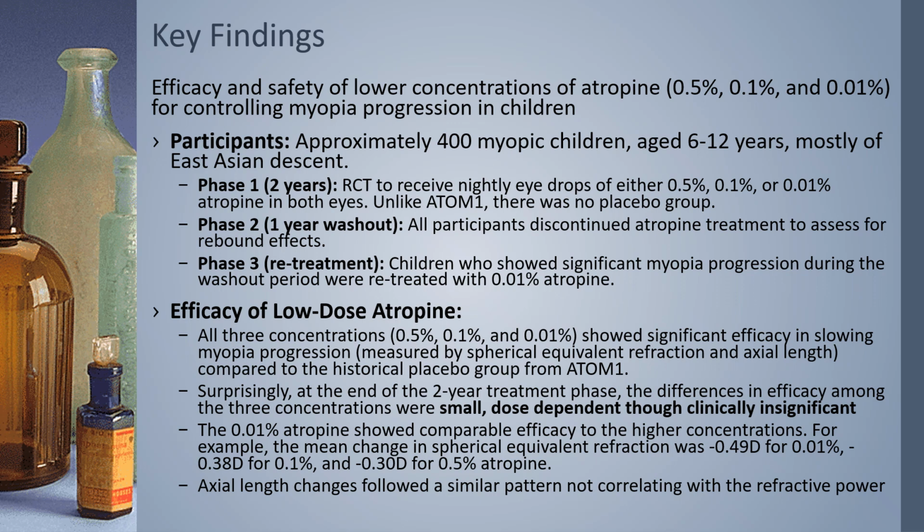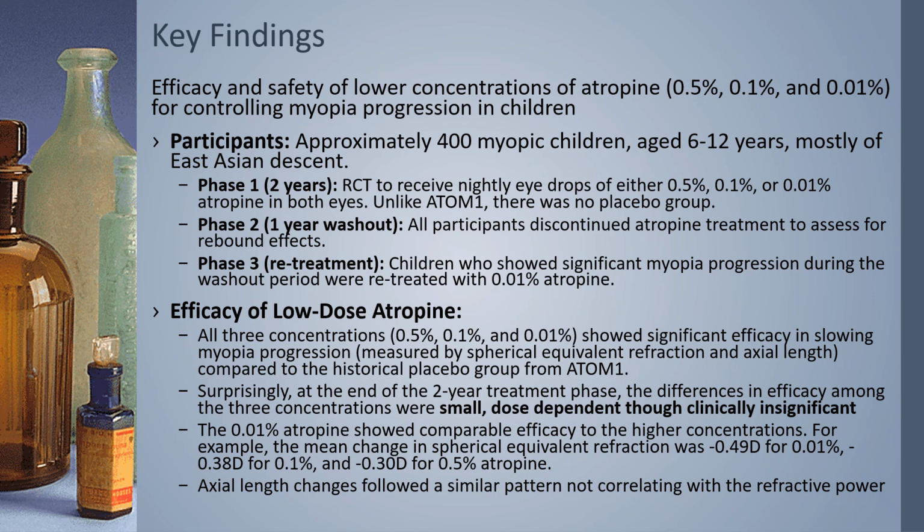At the end of 2 years, the difference in efficacy among the three concentrations was very small. So 0.5%, 0.1%, 0.01%, all three of them worked very well, although they did mention that it was a dose dependent, although clinically insignificant, effect. And 0.01% showed comparable efficacy compared to the higher concentrations.